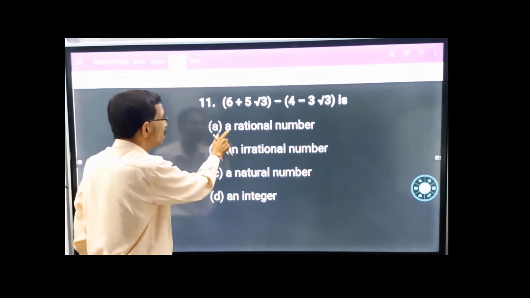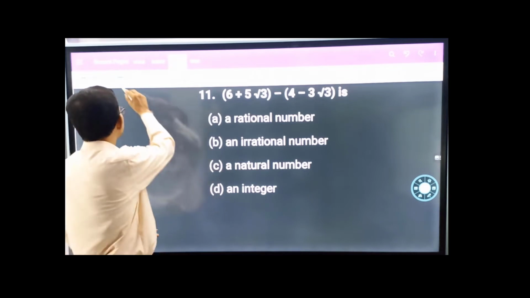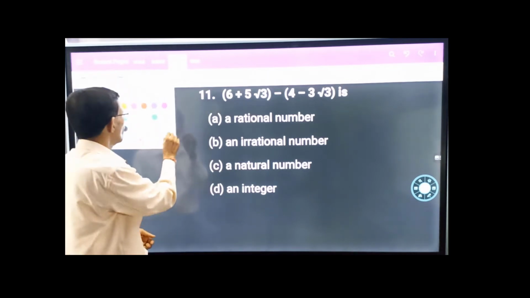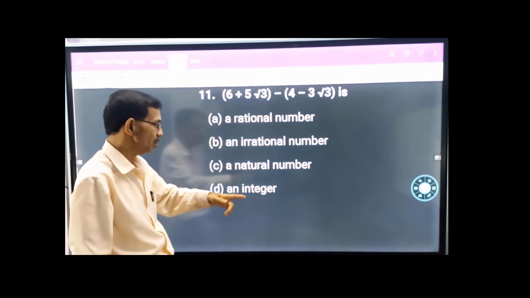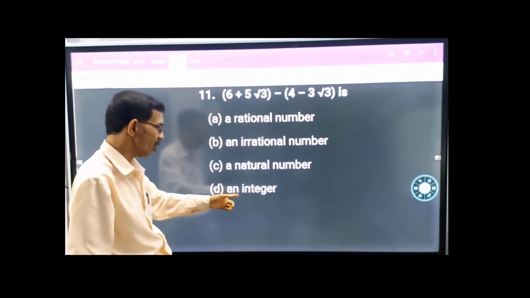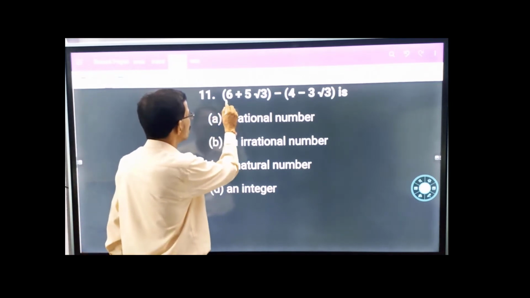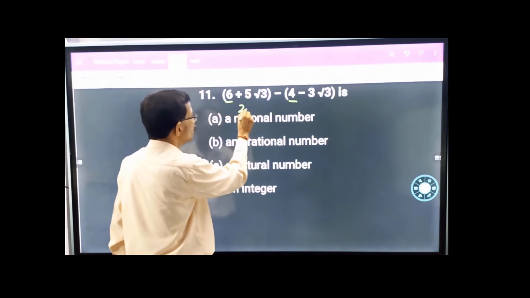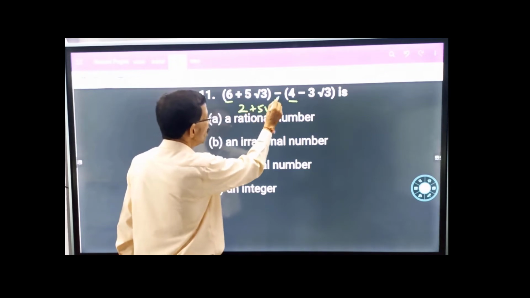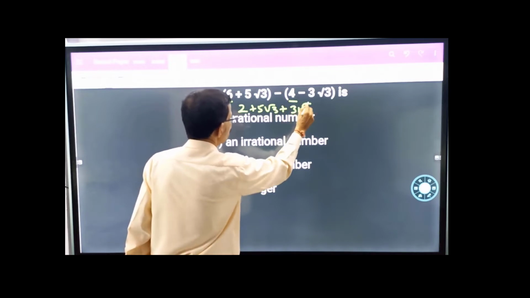The next question is here. This number is given and you have to find whether it is rational or irrational or a natural number or an integer. See, this is 6, this is 4. 6 minus 4 will be equal to 2, and this is plus 5 root 3, and this minus into minus will become plus 3 root 3.